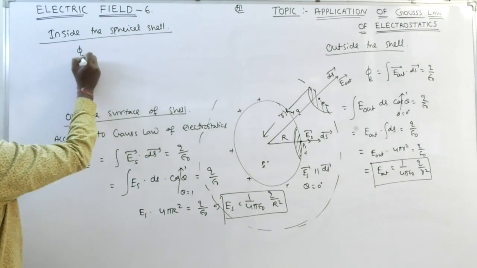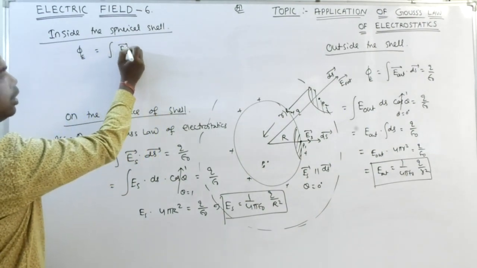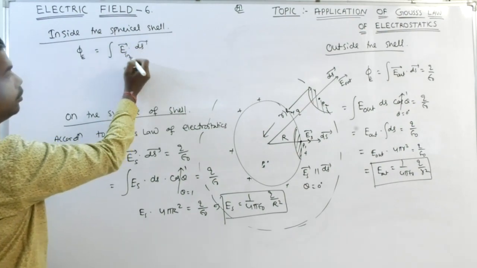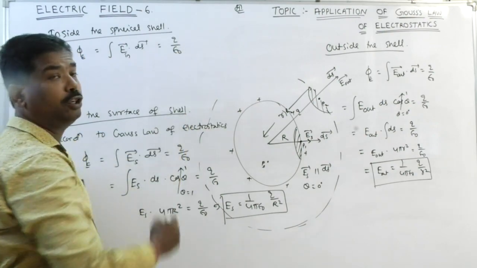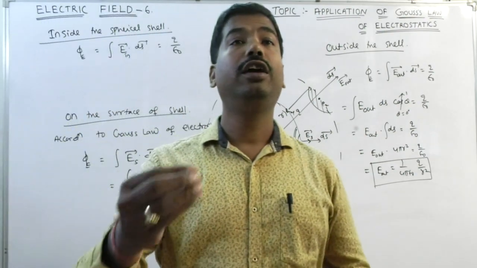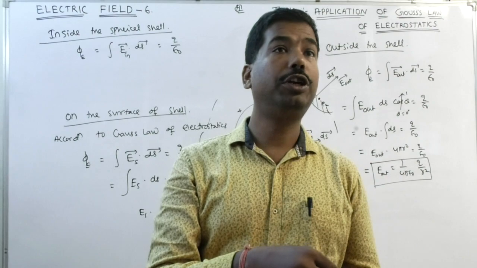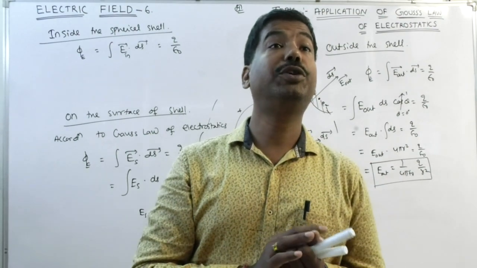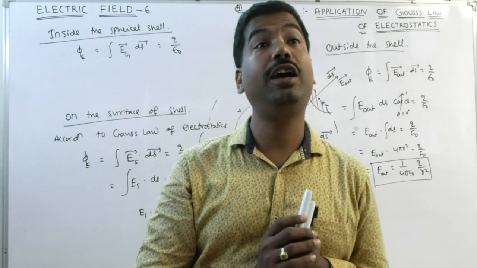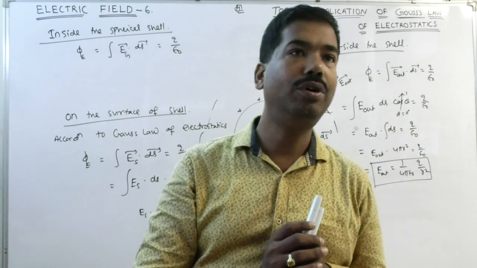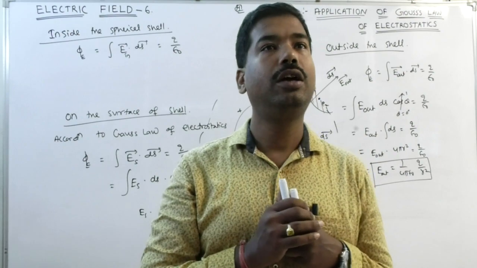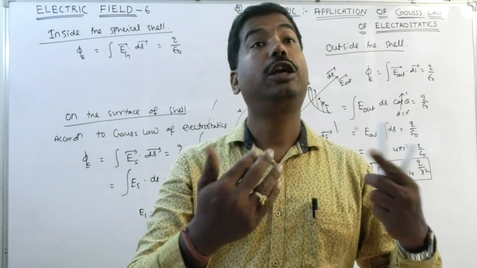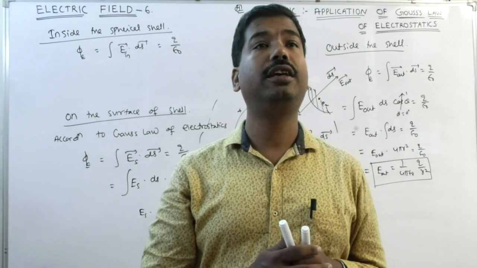Again, according to Gauss law, E inside is equal to Q by epsilon 0. But whenever we give some charge to a hollow conductor, charge always lies on the surface of the conductor due to the repulsion between similar charges. Hence, no charge resides inside the hollow conductor. It means the total charge inside the hollow conductor is 0.